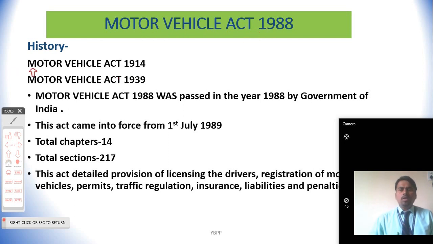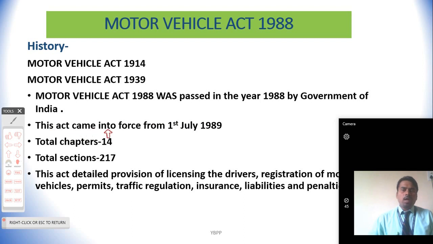Motor Vehicle Act 1988. History for this Motor Vehicle Act 1988: there was a Motor Vehicle Act 1914 in British India. After that Motor Vehicle Act 1939 was there, and this law was replaced by Motor Vehicle Act in 1988 in independent India by the government of India in 1988.